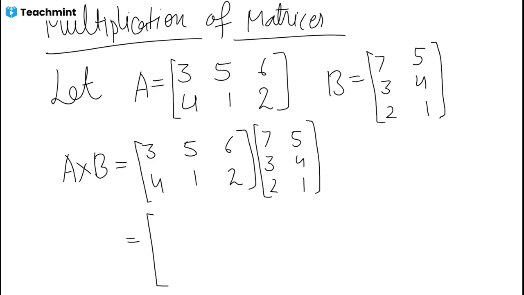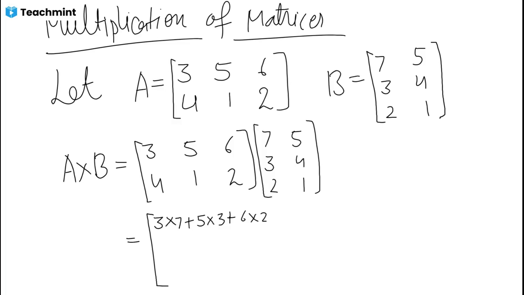See, we multiply the first row with the first column. How? 3 multiplied with 7, plus the next element 5 multiplied with 3, plus 6 multiplied with 2. Are you getting it? Yeah. Okay.